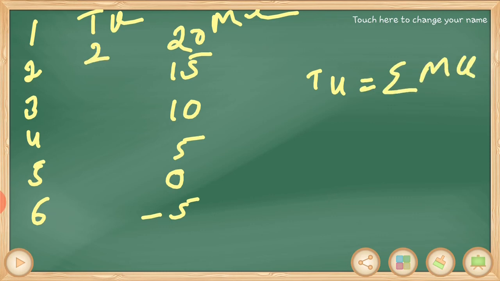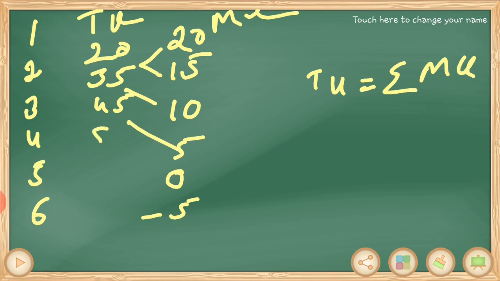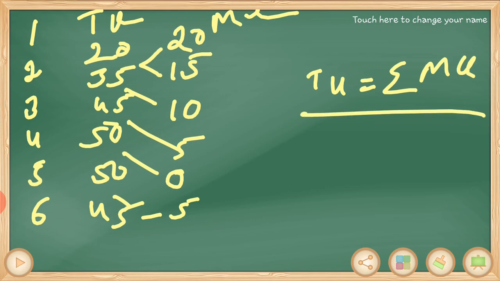So the first remains the same and the second one, so plus, 35 plus 10, 45 plus 5, 50 plus 0, 50, and this is minus 5, 45. So in this way total utility is calculated.